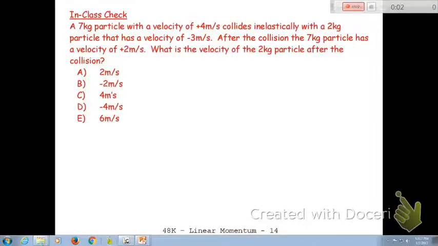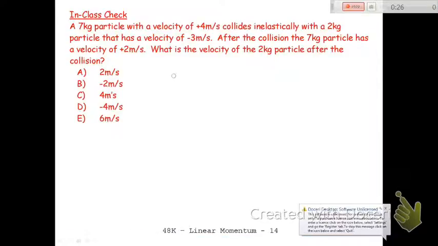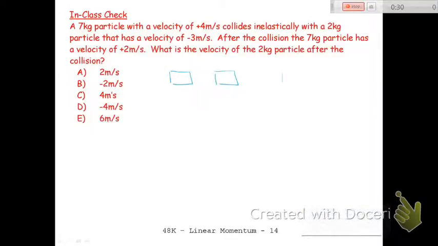This says a 7 kilogram particle with a velocity of 4 meters per second positive collides inelastically with a 2 kilogram particle that has a velocity of minus 3 meters per second. After the collision, the 7 kilogram particle has a velocity of that. What is the velocity of the 2 kilogram particle? So this is the before picture, and this is the after picture.